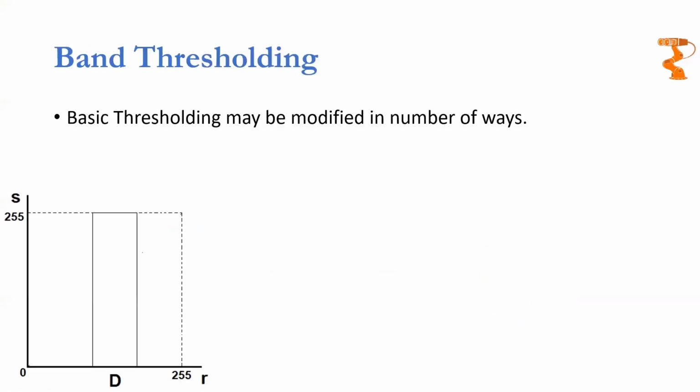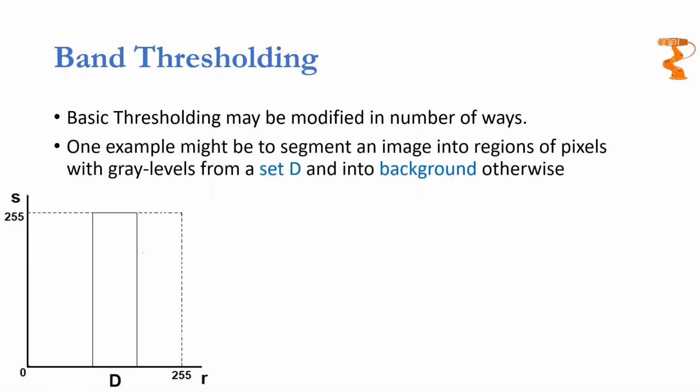Okay. So now I'm going to move towards another thresholding technique, which is called band thresholding. You can modify the basic thresholding technique in different ways, which we are going to see. What band thresholding does is threshold a certain band of gray levels only, and remove all other gray levels. So it is quite similar to simple thresholding.